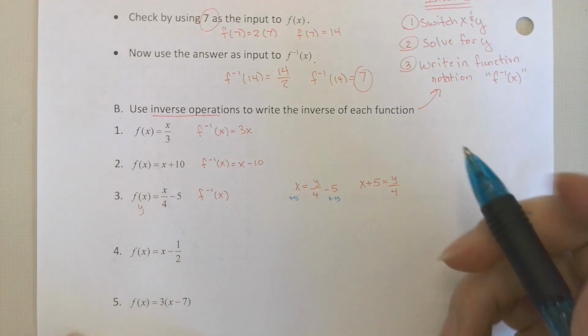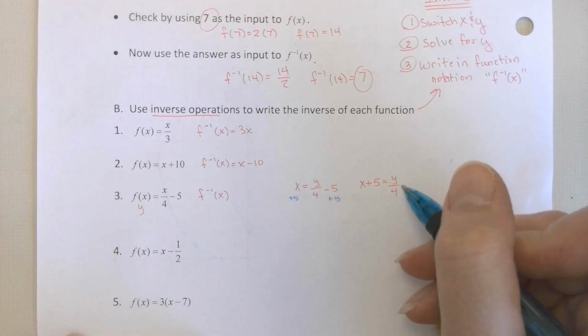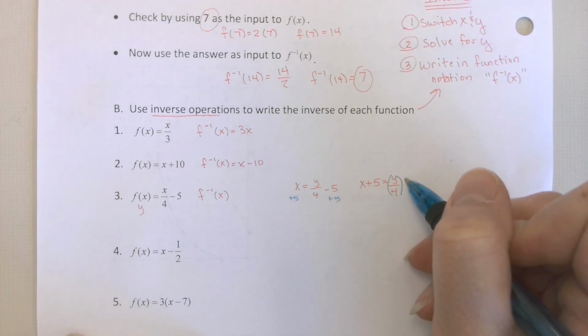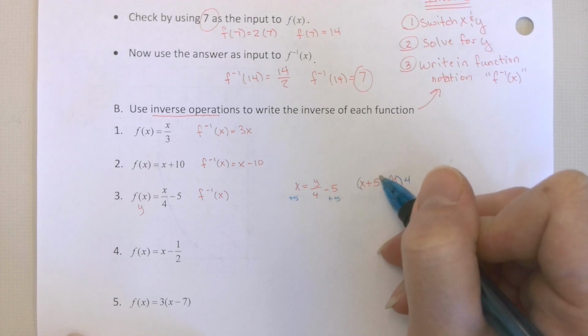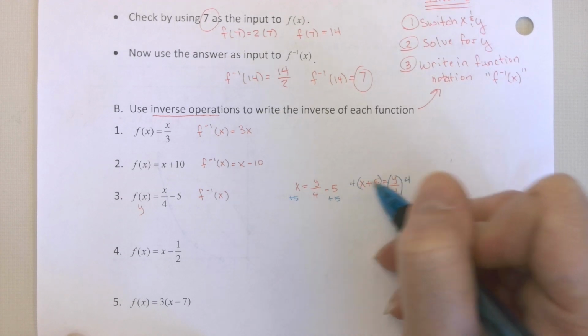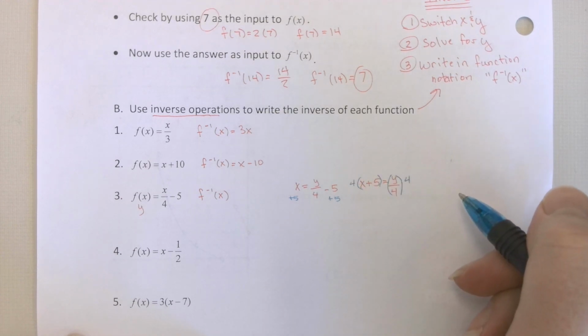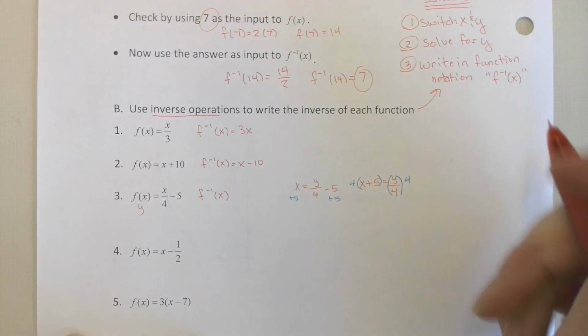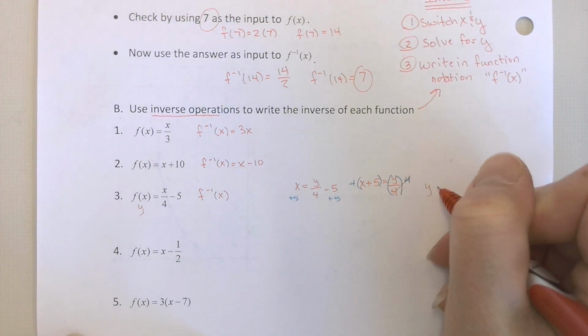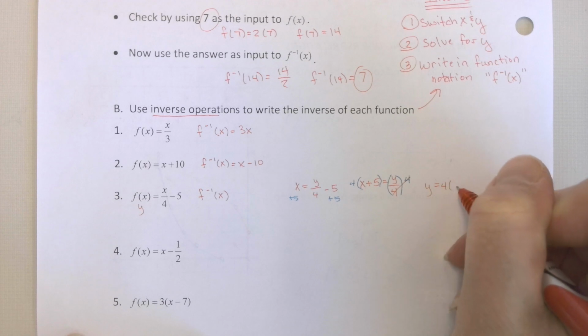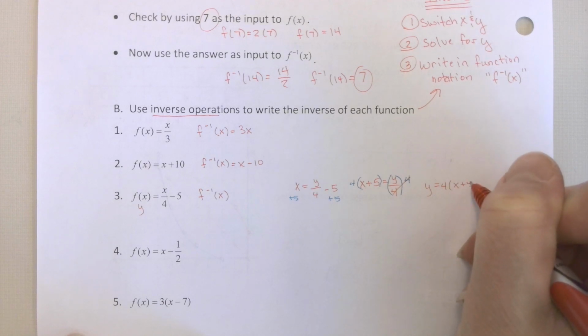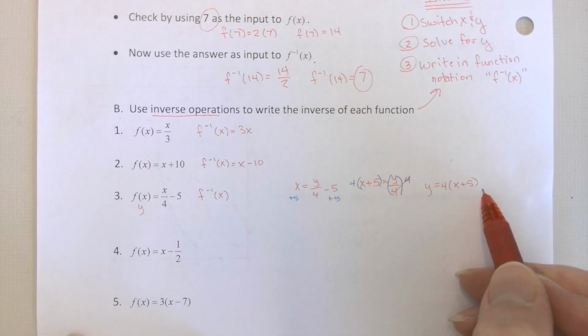And this is where it comes in. I get rid of division by multiplying, just like we said. But when I multiply by 4 over here, I catch that everything has to get multiplied by 4 using my rules. And so I would get, this cancels, y equals, in parentheses, 4 times the quantity x plus 5. This is a perfectly acceptable answer.